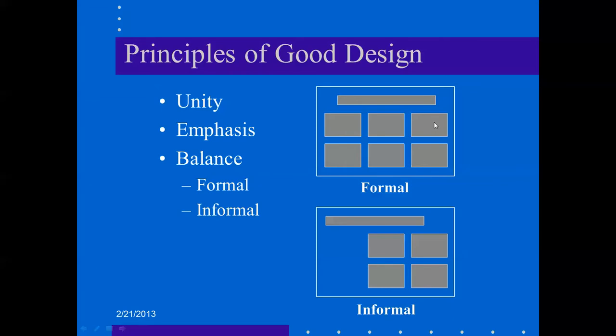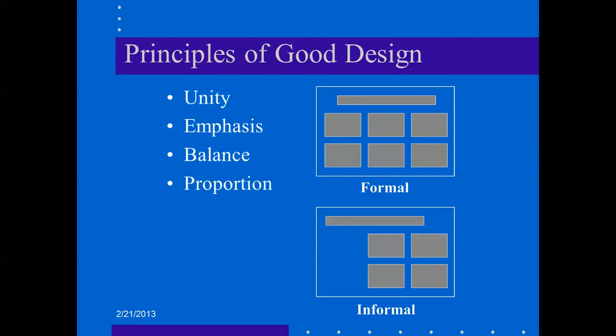Not necessarily with the same information, but with the same weight. For example, type of the same weight or photographs of the same weight. The informal design is asymmetrical, and what balances it is empty white space or the lack of any elements. And this is a little more tricky to pull off for beginners.